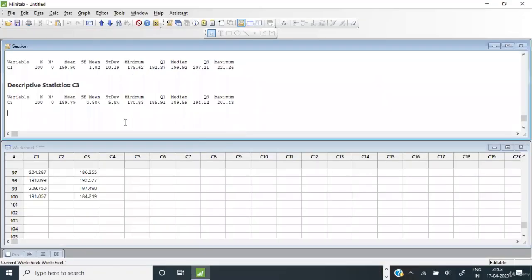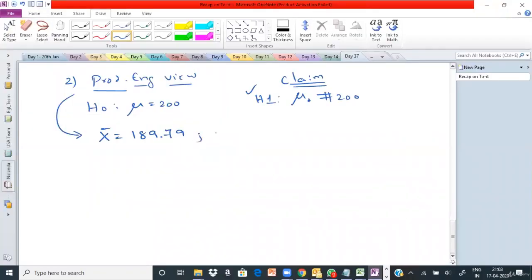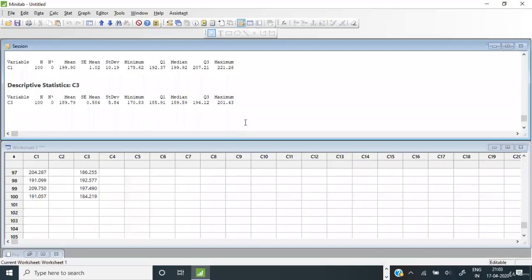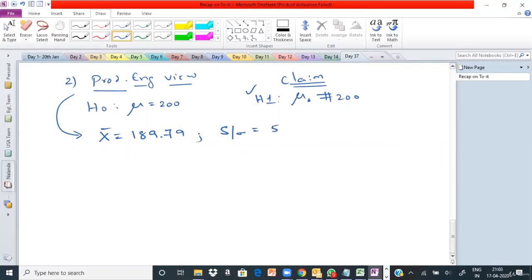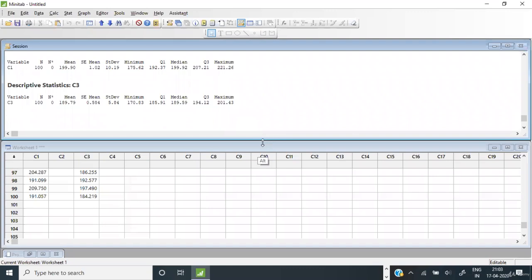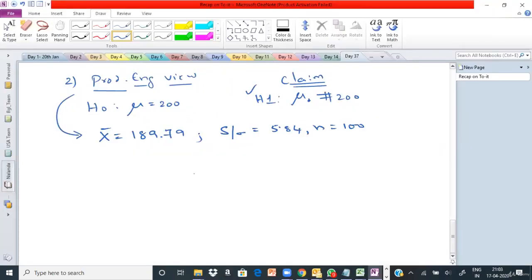What about standard deviation? 5.84. So your standard deviation S or sigma, whichever it is, because we are taking it from the central limit theorem, we are taking your population sigma as nothing but your sample sigma. I am taking this as 5.84. N, the number of records, is 100. Right?